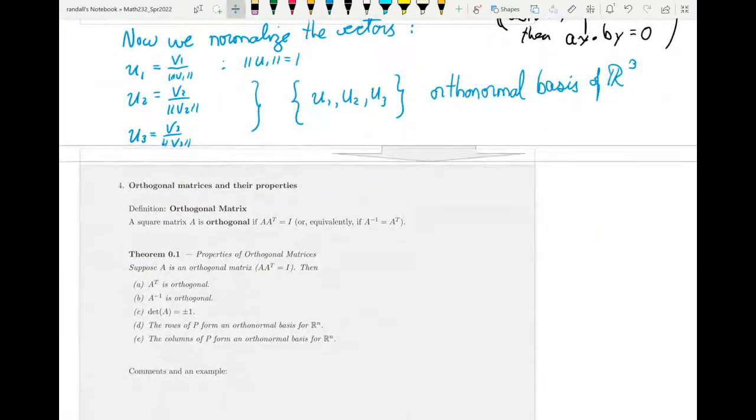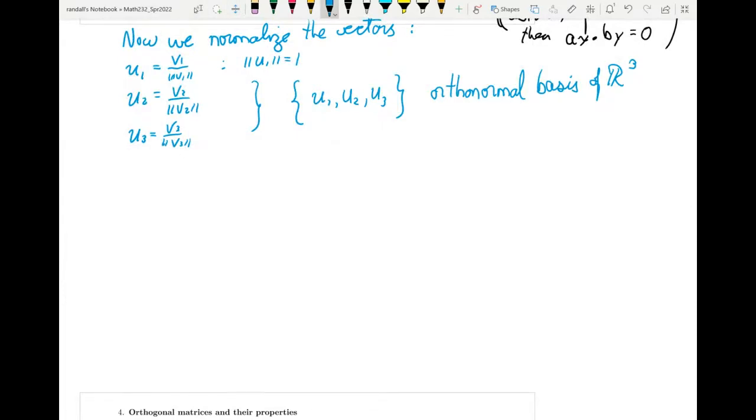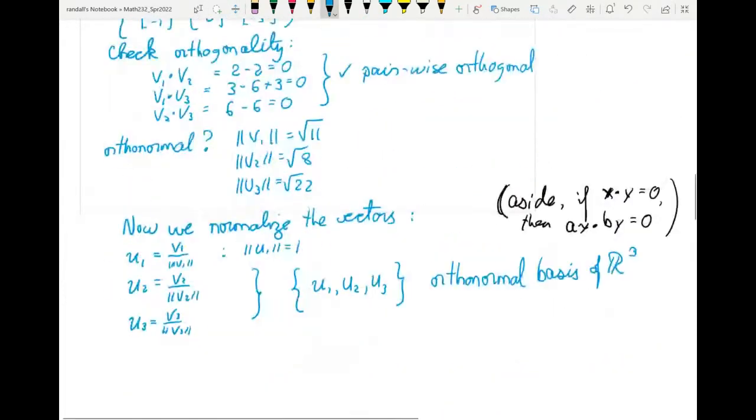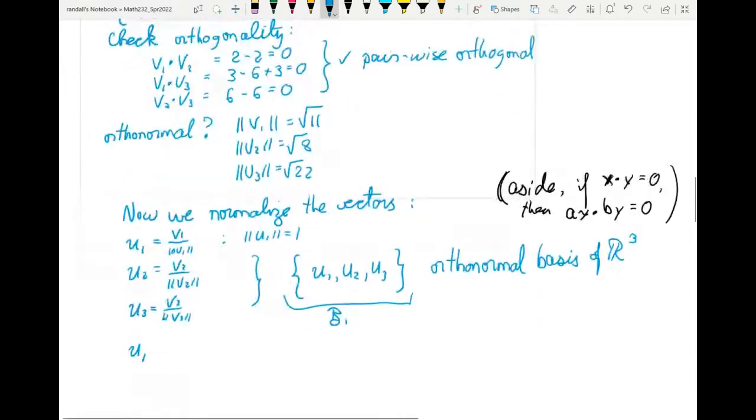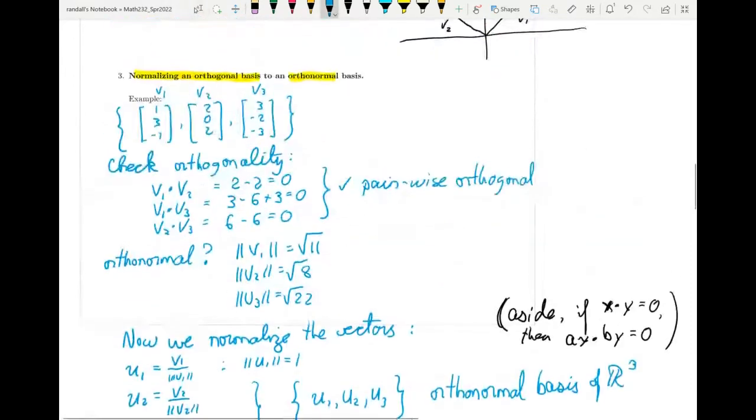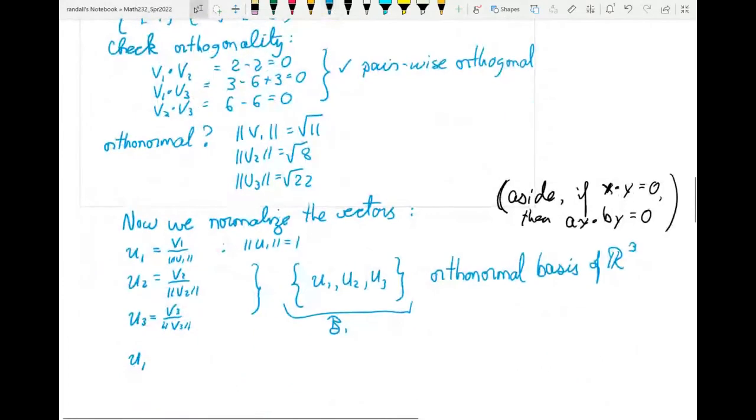So now that we have an orthonormal basis, let's call that, did we have a name up here? I didn't. Okay, so actually let's write it out. So U1 is going to be 1 over root 11, right? Did I have a minus sign here? Sorry. Yeah. So U1 is 1 over root 11, 3 over root 11, minus 1 over root 11.